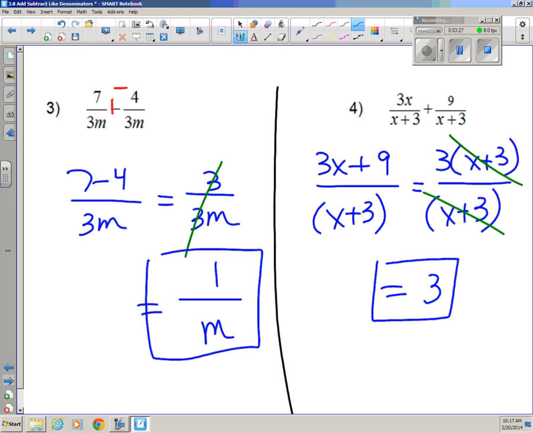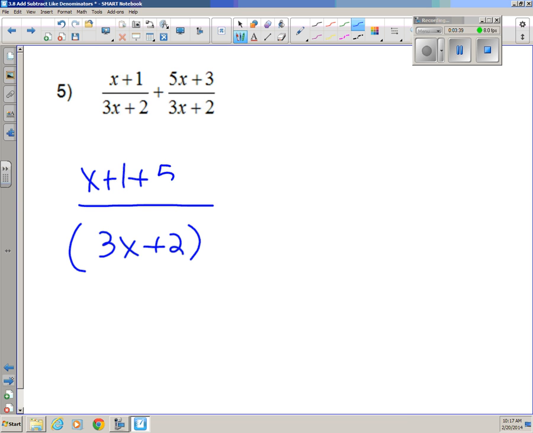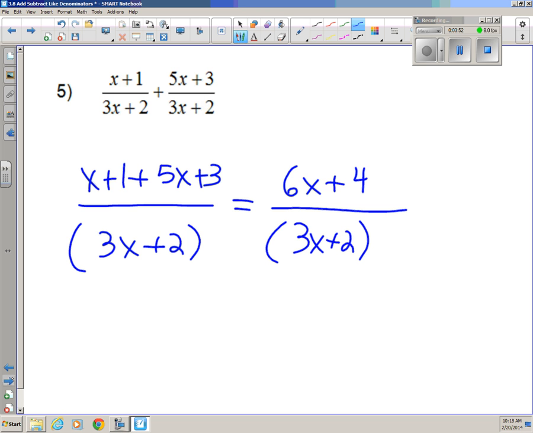Let's try another one. Common denominator? Absolutely. And I'm going to put it in parentheses because it's a binomial factor. My numerator, I've got x plus 1 plus 5x plus 3. Well, there are like terms up top. My like terms are the x's, for 6x, and 1 and 3, plus 4, over this binomial factor.